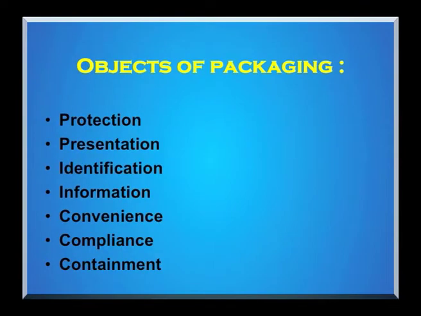Now what are the objectives of packaging? Basic objectives of packaging involves protection, presentation, identification, information, convenience, compliance and containment. Now packaging safeguards against exterior environmental circumstances like temperature, humidity, gases, light, pressure, etc., mechanical shock and misuse.